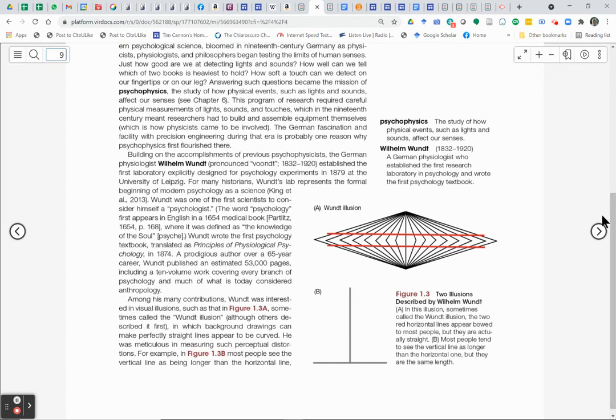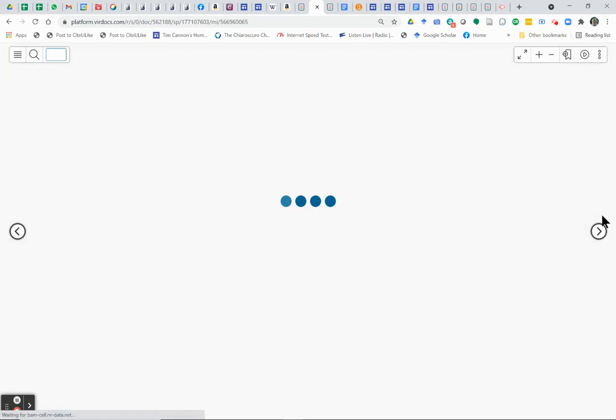And the term psychophysics is important. These early researchers thought that you could do the science just as well in psychology as you could with physics. And psychophysics was one place where perception and sensation melded together. Psychophysics.